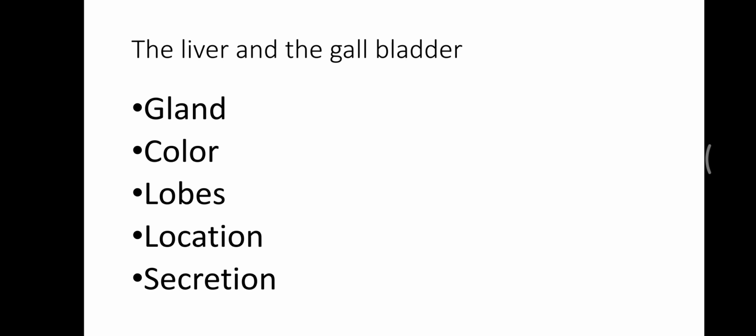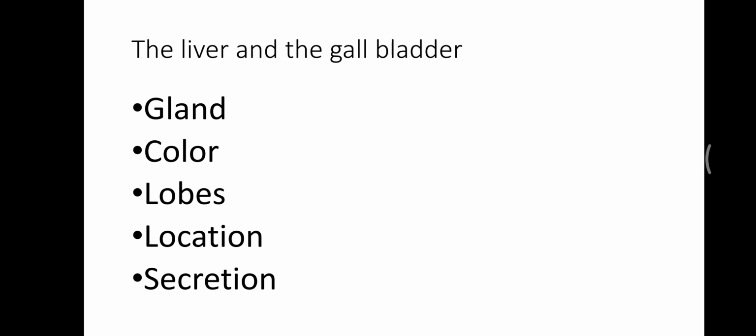Now if we talk about the secretion, then liver cells secrete bile. Basically bile is alkaline. Alkaline means it is basic in nature. So if we check the pH of bile, it will always be more than 7 because it is alkaline or basic.